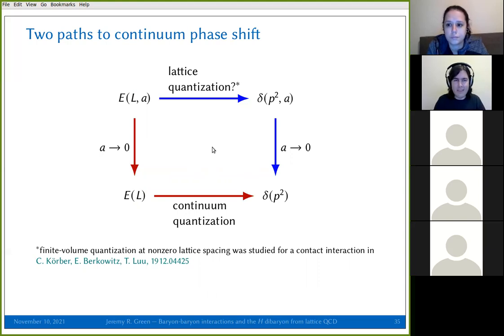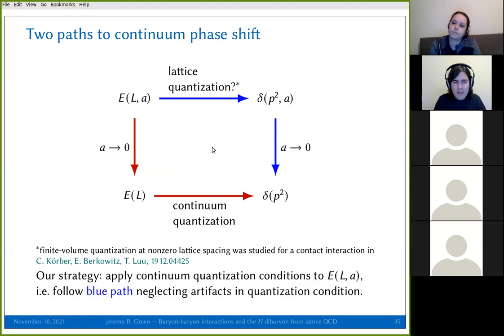So this is something that, at least rigorously, you can't do very well, but still, it turns out that with some assumptions and approximations, this is the approach that works best. So essentially, we assume you can use continuum quantization conditions on these energy levels of finite lattice spacing. And we found that this was able to fit the data pretty well, even neglecting possible rotational symmetry breaking effects.